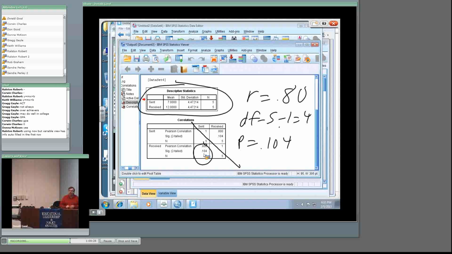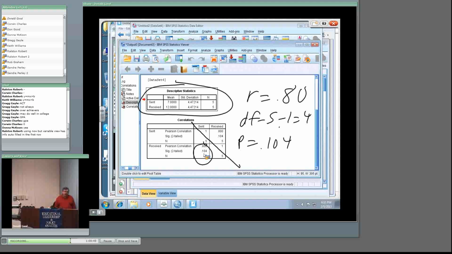All right, P is 0.104. There's a 10.4% chance it's not significant. So if I'm claiming it's significant, there's a more than 10% chance I'm wrong. I am not willing to take a 10% chance of being wrong.